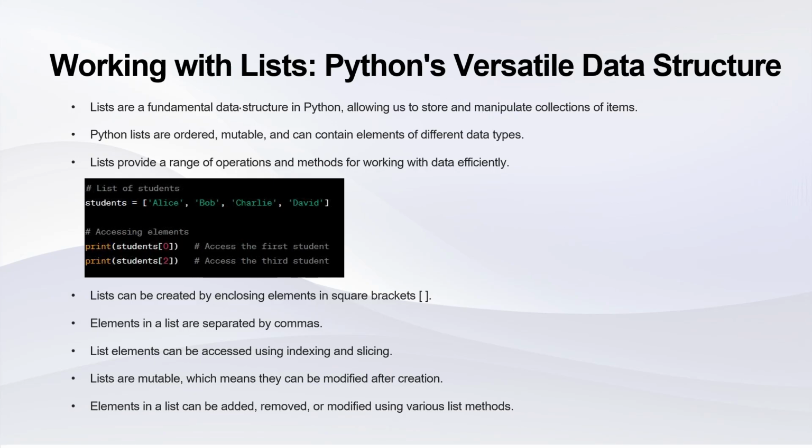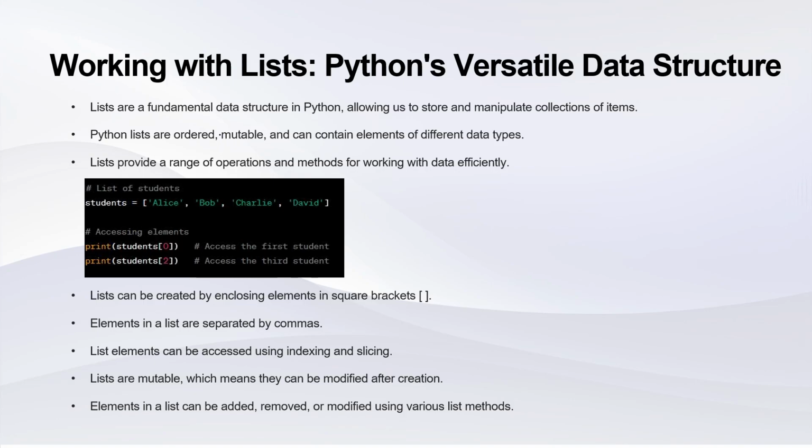Python lists are ordered. When I say ordered, it means elements maintain their order of insertion. This allows us to access elements by their index and makes it easy to retrieve specific items from the list. Lists in Python are also mutable. They are ordered and they are mutable. So what is mutable?